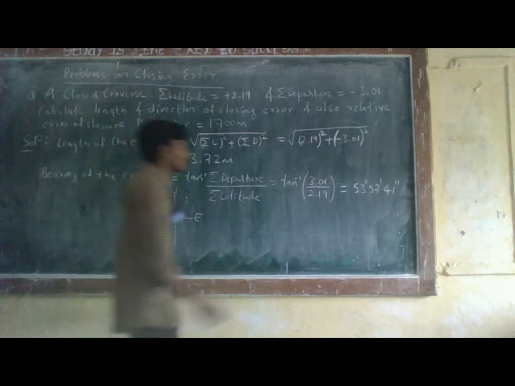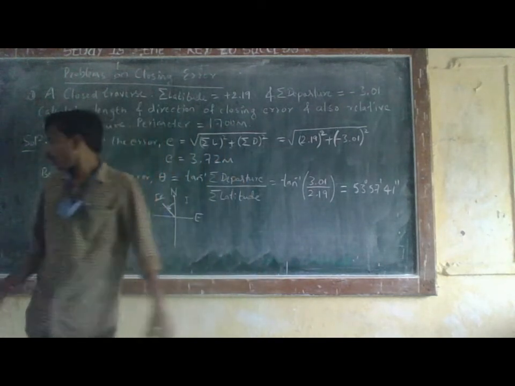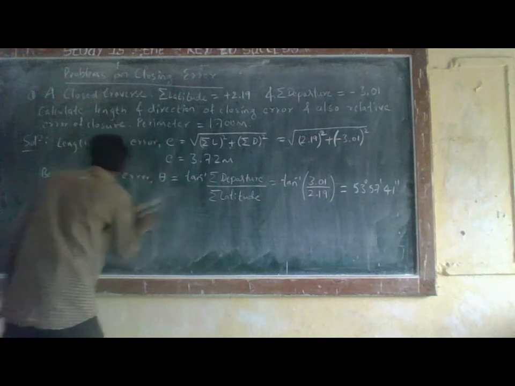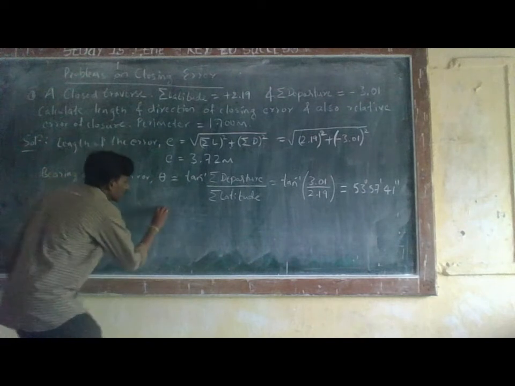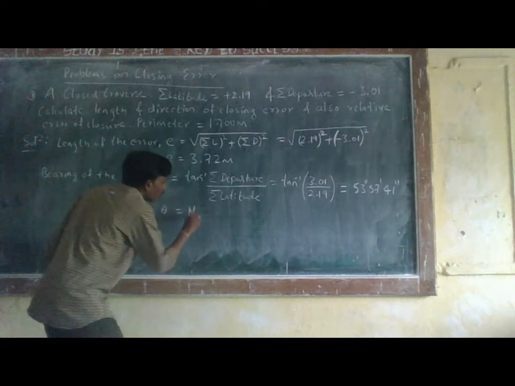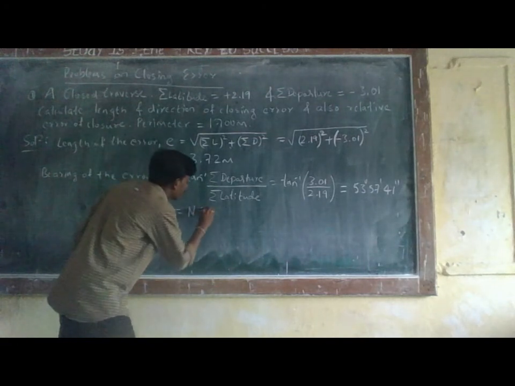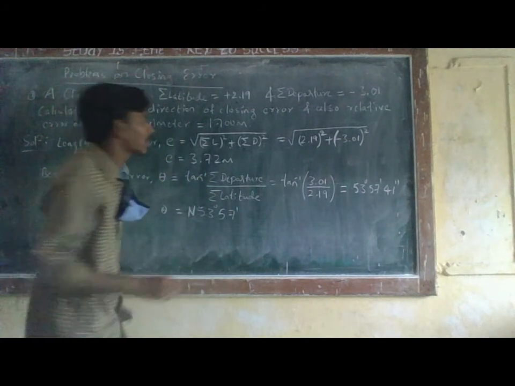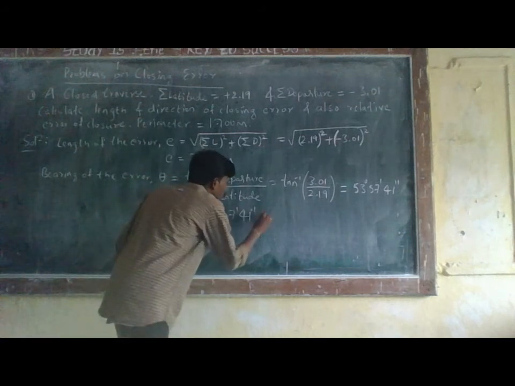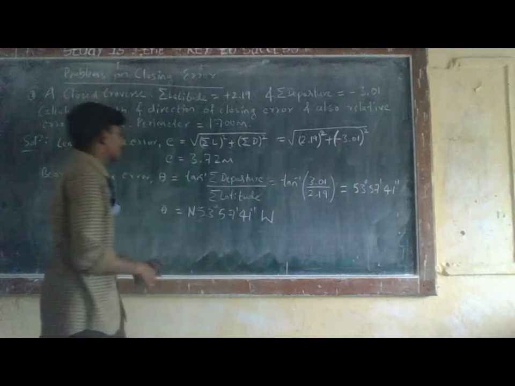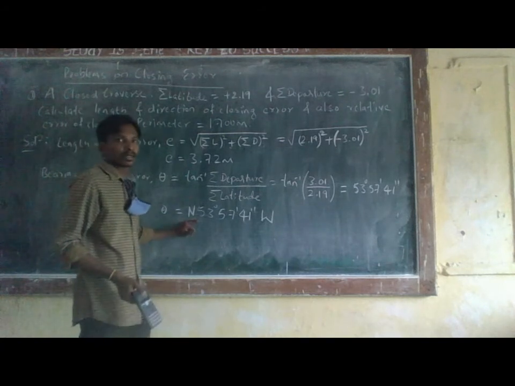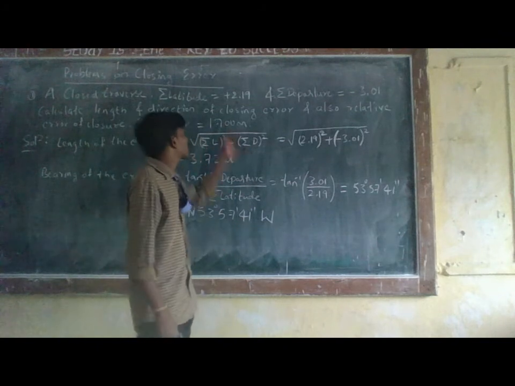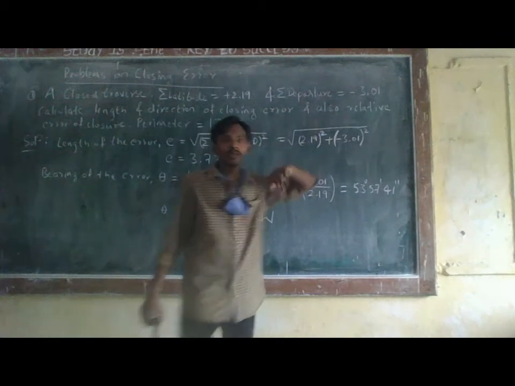So substitute, write the bearing in quadrantal bearing system. So theta is equal to north 53 degrees 57 minutes 41 seconds west, because latitude is towards north and the departure is towards west as per the given values of latitude and departure in the question.